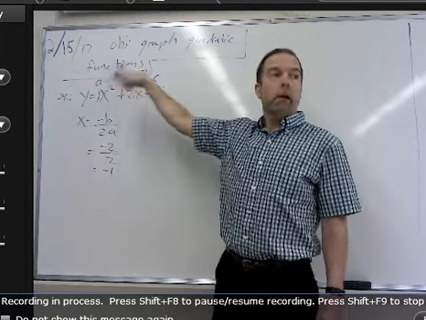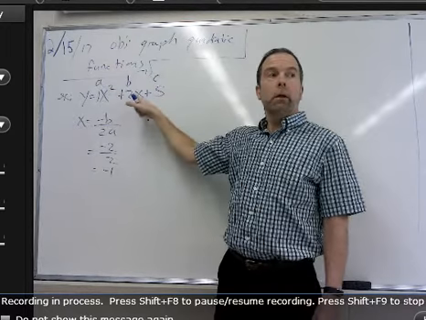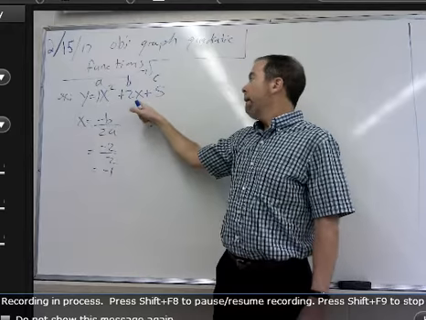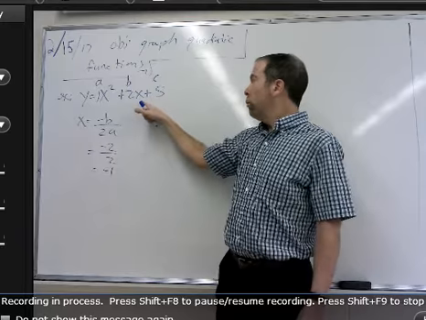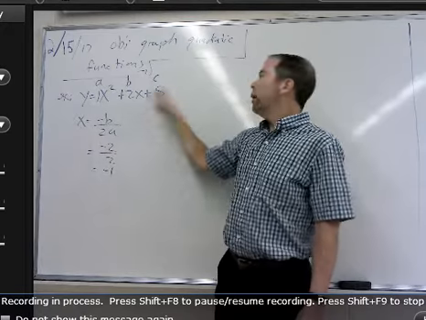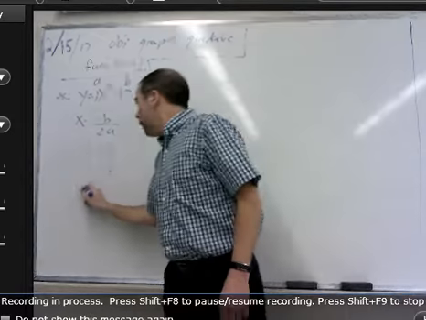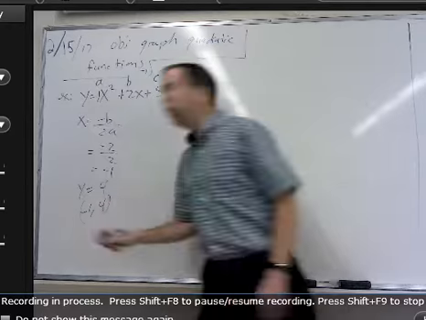Negative 1 times negative 1 is 1. 2 times negative 1 is negative 2. So 1 minus 2 is negative 1. Plus 5 is 4. So the y value is 4, and our vertex is negative 1, 4.